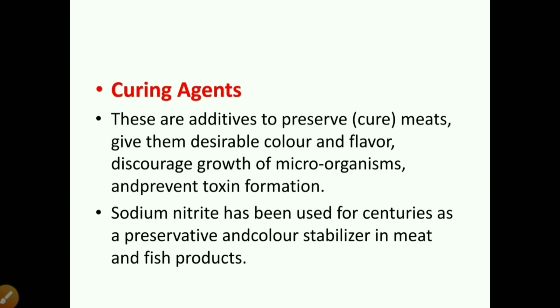The sodium nitrite is used in all the meat and fish products. The nitrite, when added to the meat, gets converted into nitric oxide. The nitric oxide, when combined with the myoglobin, forms nitric oxide myoglobin. It is a heat stable pigment.